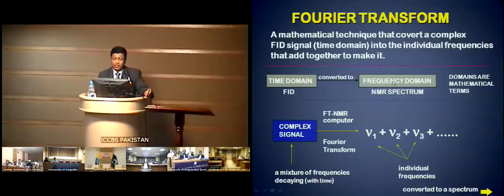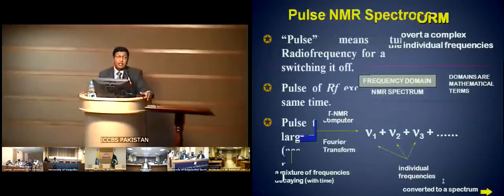Fourier transformation becomes a frequency domain NMR spectrum, the so-called conventional, more friendly looking NMR spectrum. And this is a mathematical process. So, for instance, if you have 6 FIDs representing 6 protons, after Fourier transformation you would have 6 different frequency bands. So that is what the individual frequencies have. So it is a process.